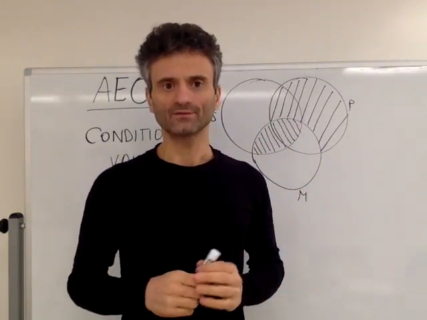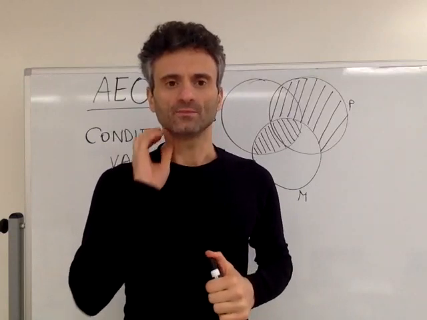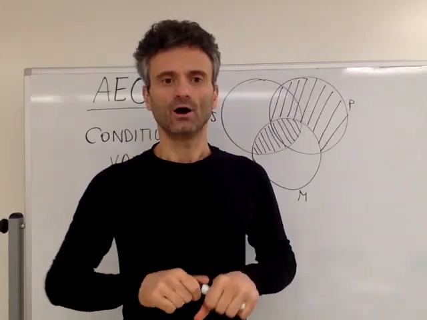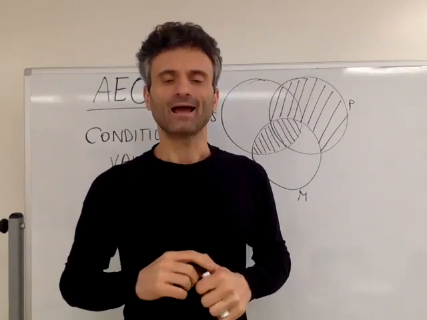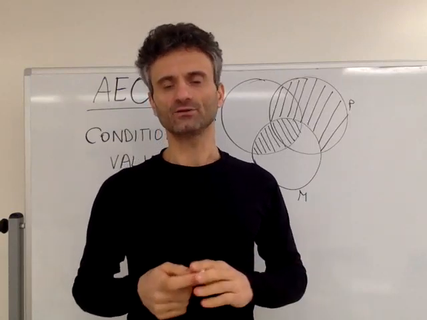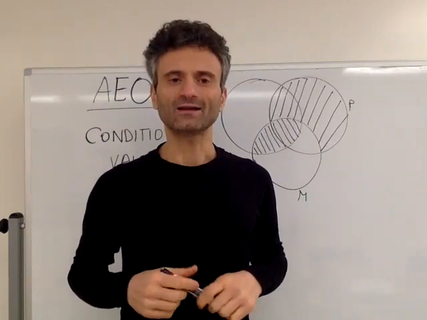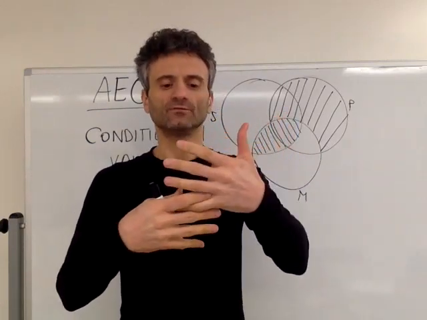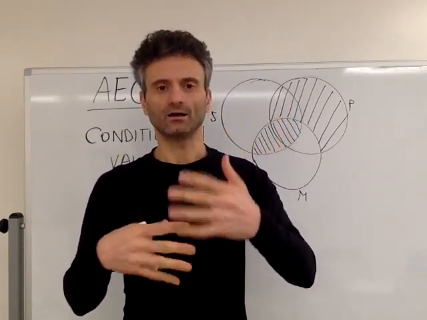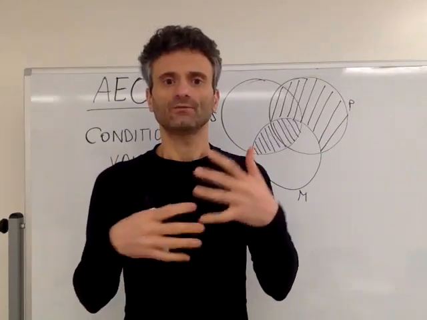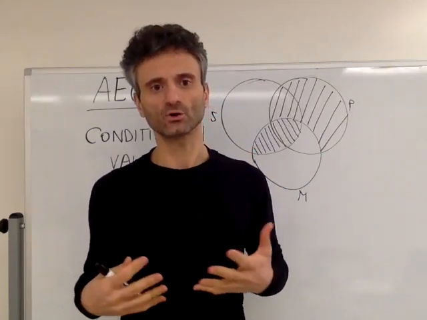You recall what an enthymeme is? An enthymeme is an argument that misses either a premise or a conclusion. In this case, sorites are chains of syllogisms that are missing a premise and a conclusion.